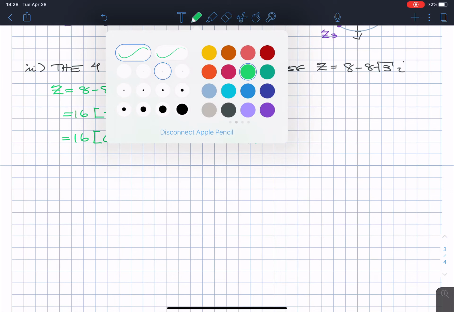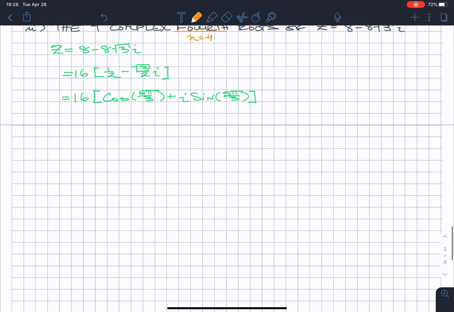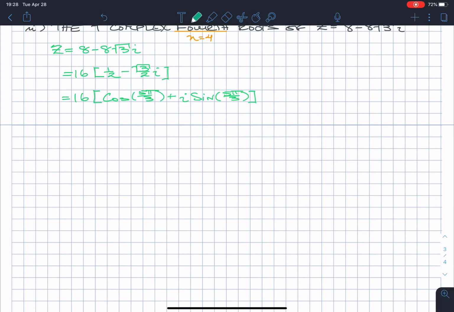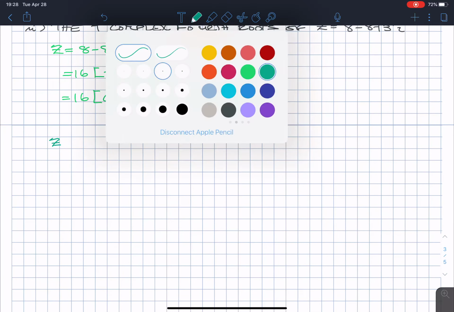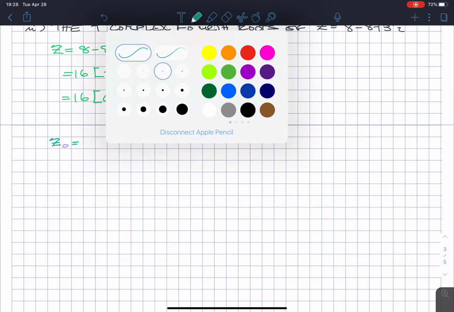Okay, so let's note that n in this case is 4. Okay, so first we want to start off with z sub 0. So this is going to be the 4th root.